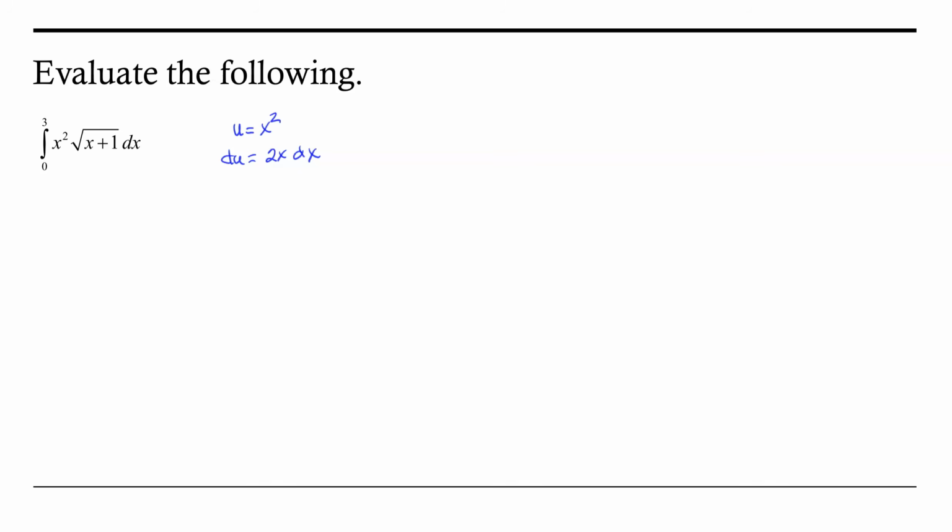And if I had an extra x floating around, I could substitute. So I could make this part a u, but if I call u x squared, I'm a little bit stuck at what to do with the x plus 1.